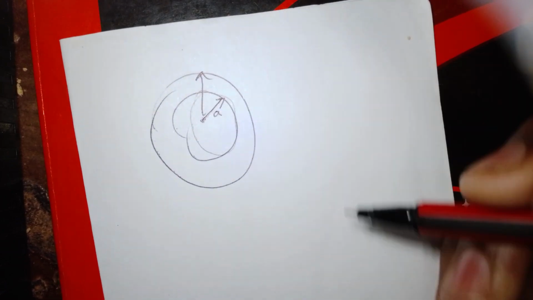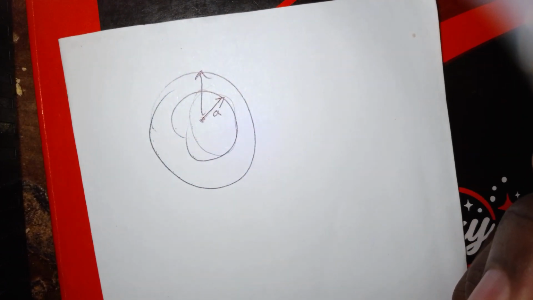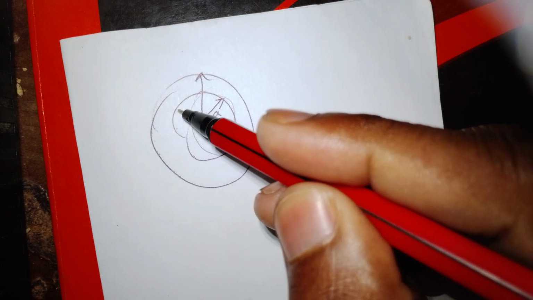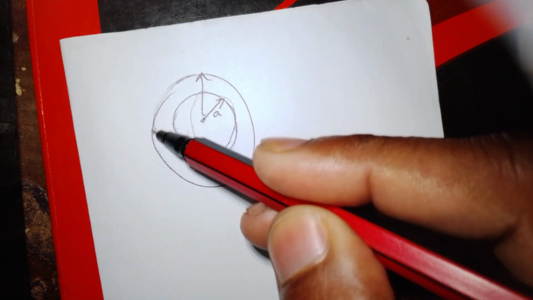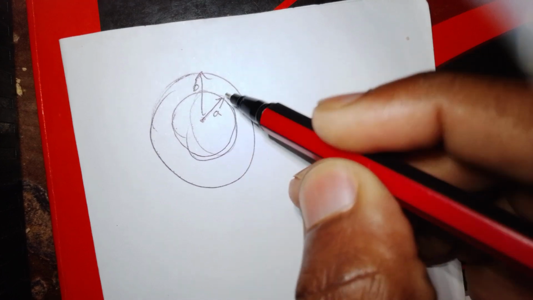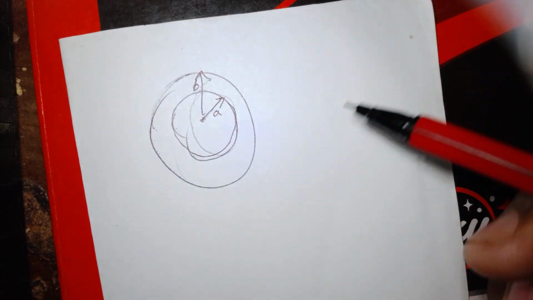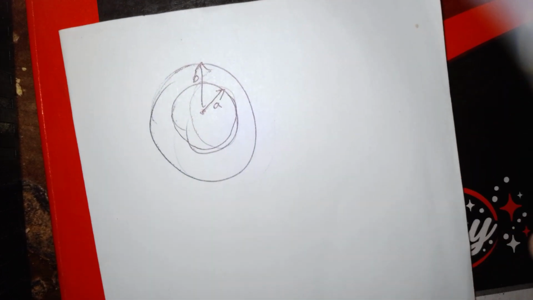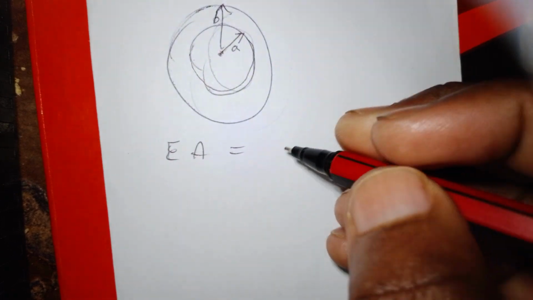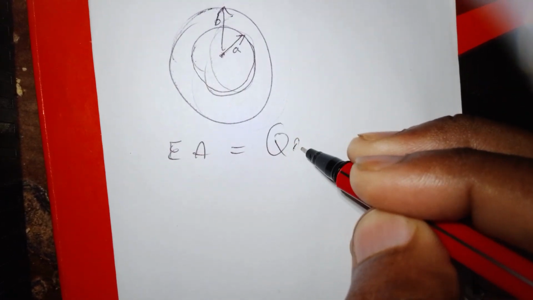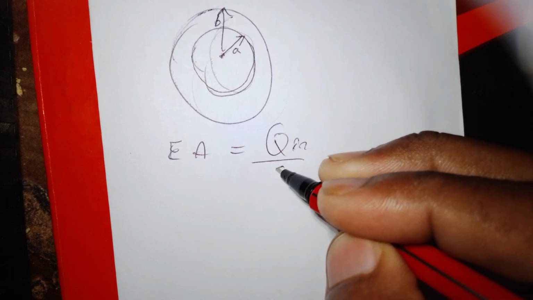First, we need to find the charge distribution of the interior surface. Then we find the charge distribution on the exterior, which is B, on the outer part of this surface. So we say EA is equal to the charge inside, that's the formula as we know it, divided by epsilon naught.